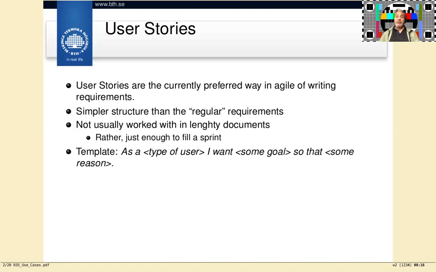It's enough to, with a bit of imagination, come up with different solutions, weigh them against each other, and if you run into a problem, you can always find the type of user and talk more about the requirement with them. Rather than signing a contract and having payment schemes and all of those sorts of things based on the requirements, what you do in the Agile community is that you normally have a list of requirements.